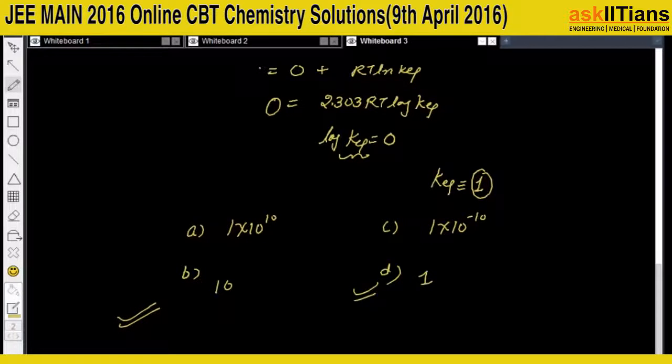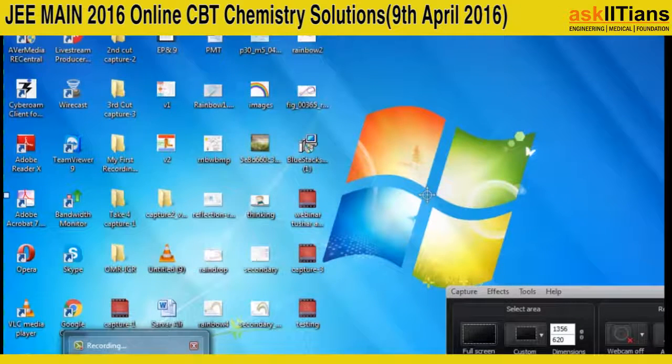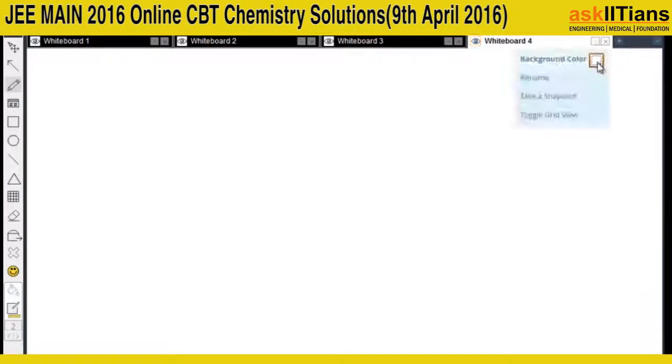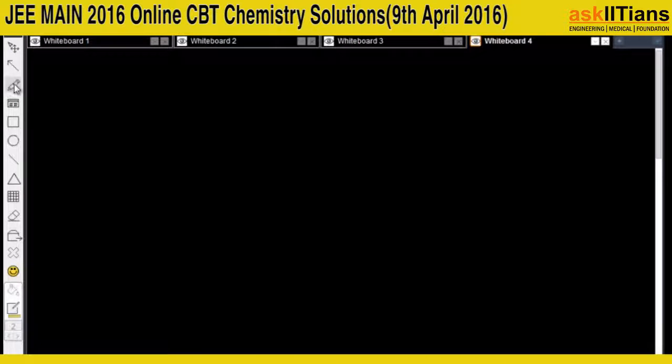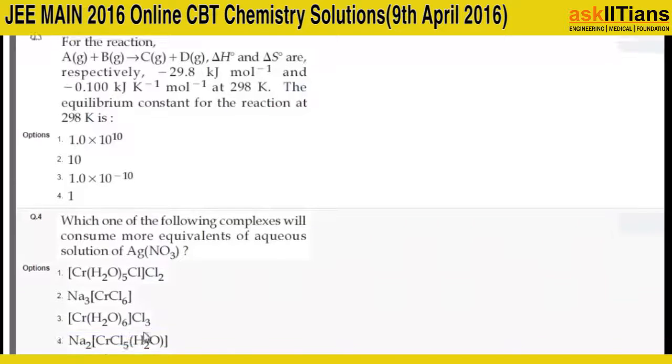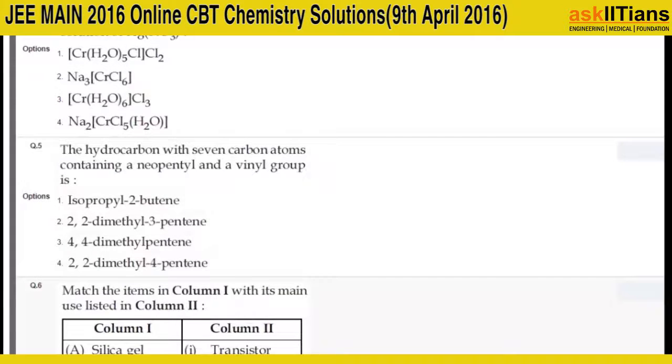So now students, having done with this particular question also, let us move over to another question. The question that we have is question number 4, which one of the following complexes will consume more equivalents of aqueous solution of AgNO3?